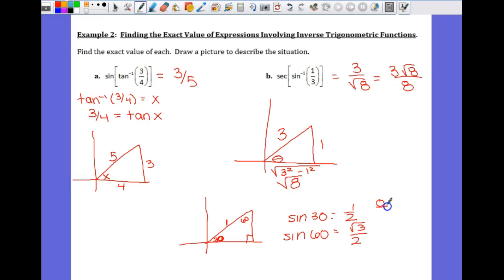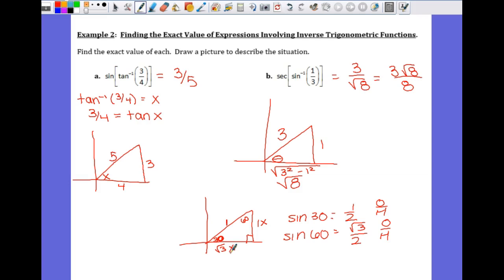So this is opposite over hypotenuse, opposite over hypotenuse. So the relationship comes into play. Yeah, because they're both sines. So this opposite is 1, and we're going to put an x with it. This opposite is root 3. We're going to put an x with it. Think about the unit circle.